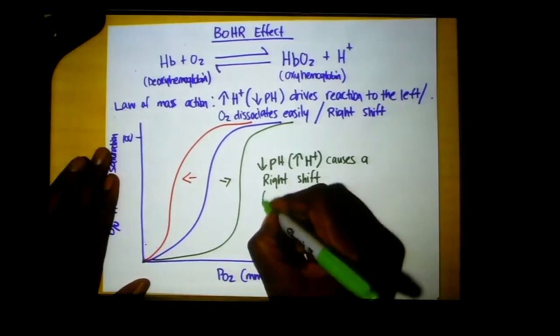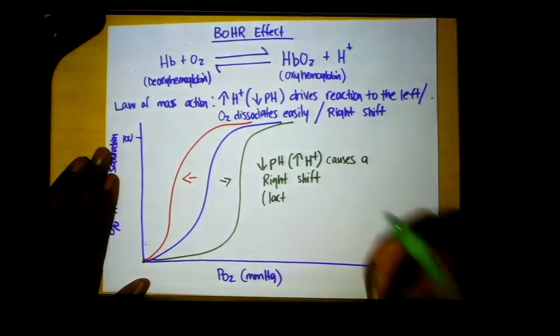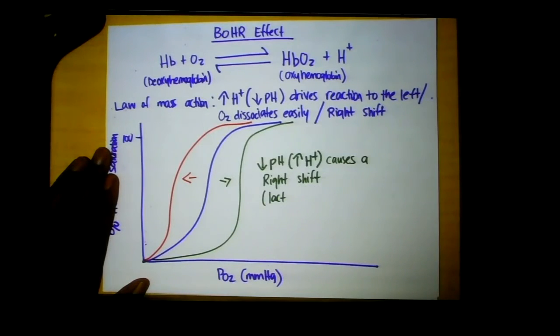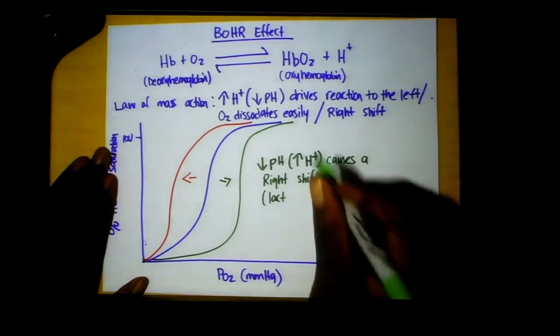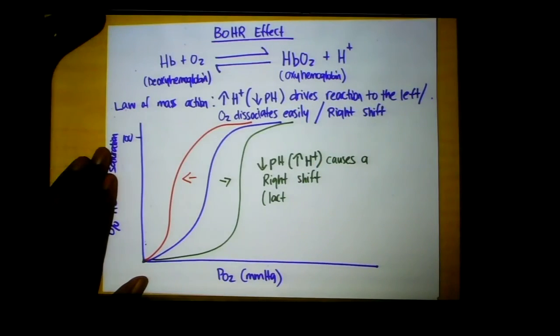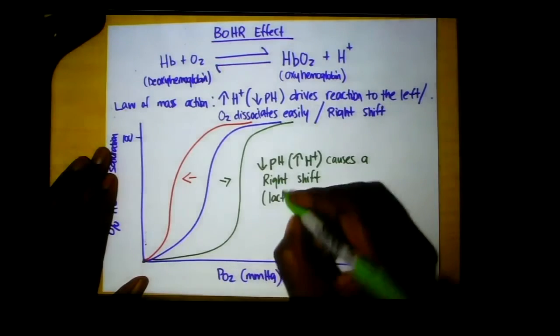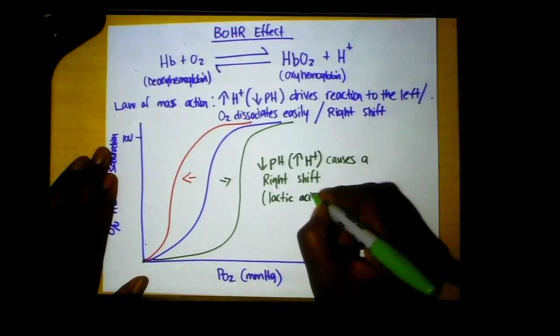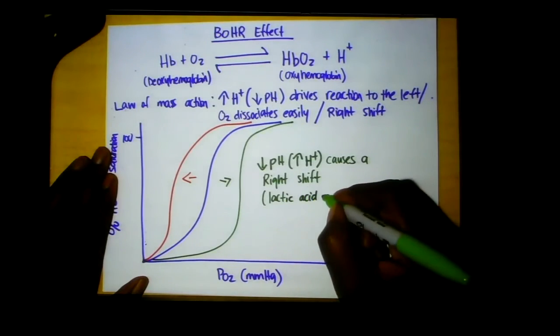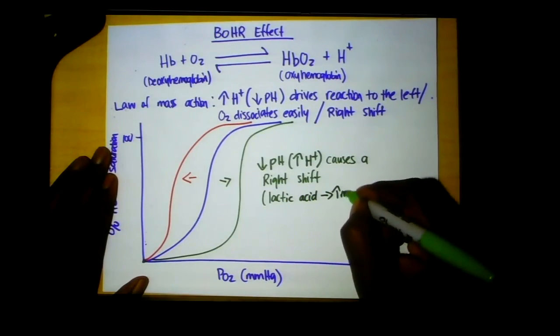So think about things like lactic acid production, right? Lactic acid, which is going to shift the curve to the right by driving this reaction to the left, okay? Think about lactic acid production, which is an increase in metabolic activity.